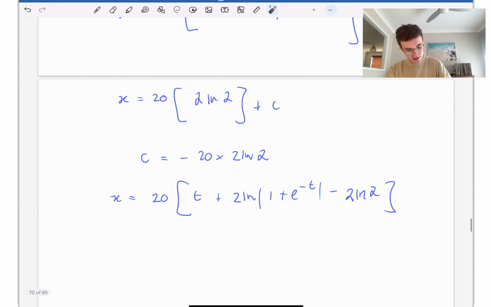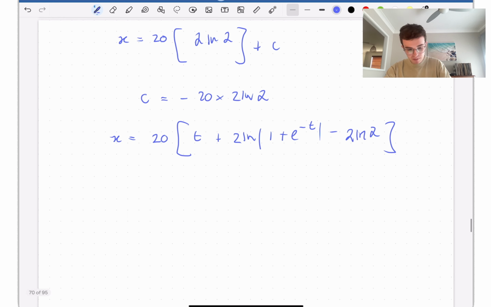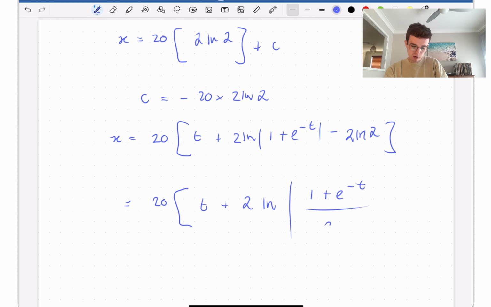So that this 20 here has gone to here, and we're just left with that there. Now we can just simplify this using basic log laws. So this is t plus 2 ln of 1 plus e to the minus t on 2. And that's what we were trying to prove. So that 2 has gone down there.